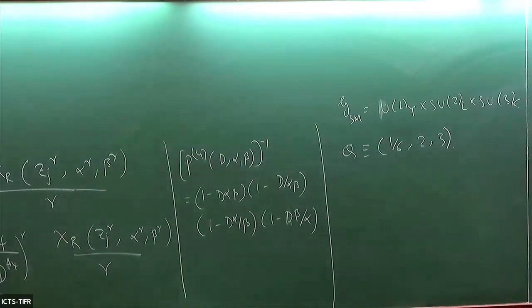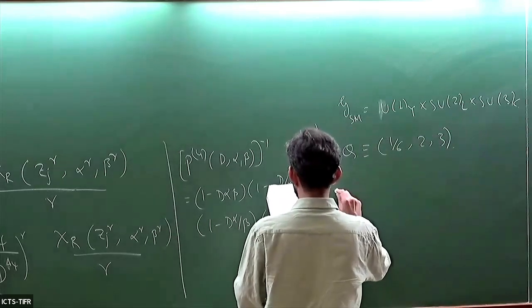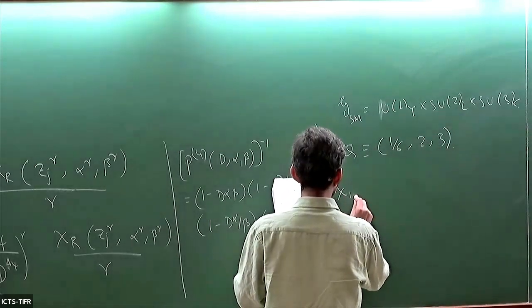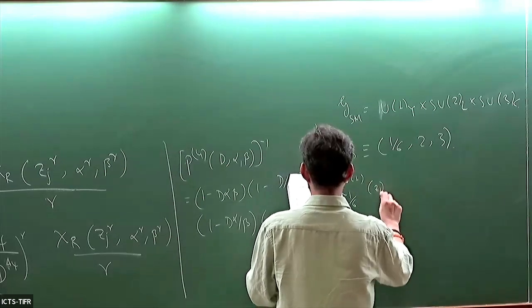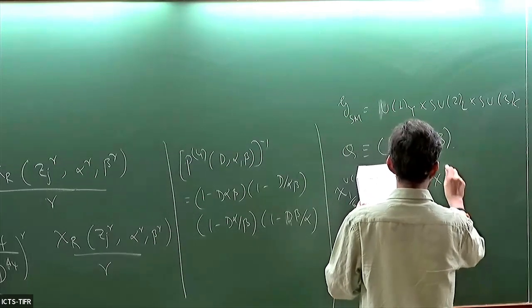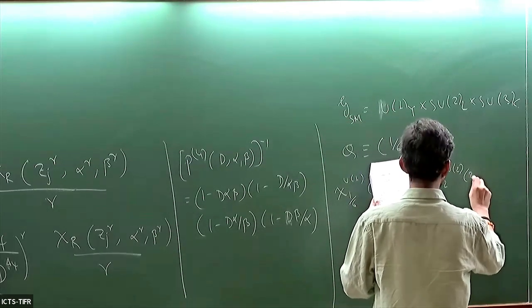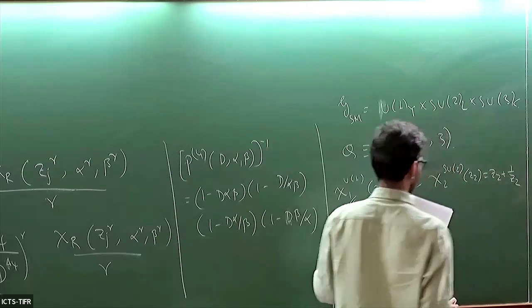Right? Remember the plethystic property, the characters of those things will be added up because it's an exponential. So just go back to the last lecture, there we have seen for multiple fields how to do that. So then what will be my U1 character? Z1 to the power 1 by 6. Chi2 of SU2 will be Z2 plus 1 by Z2.